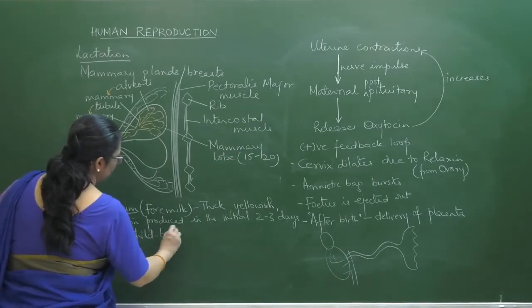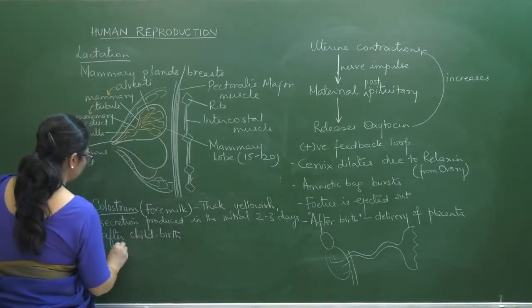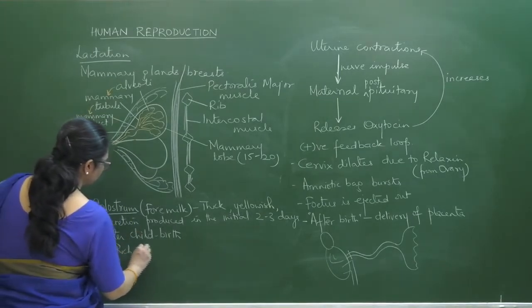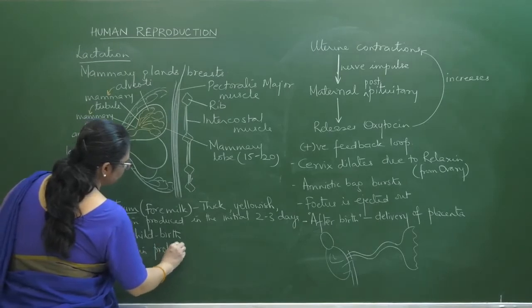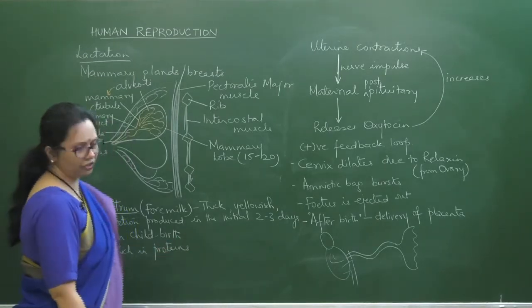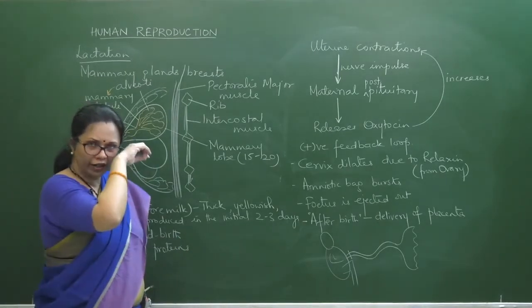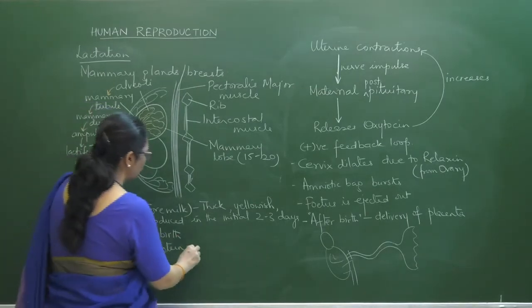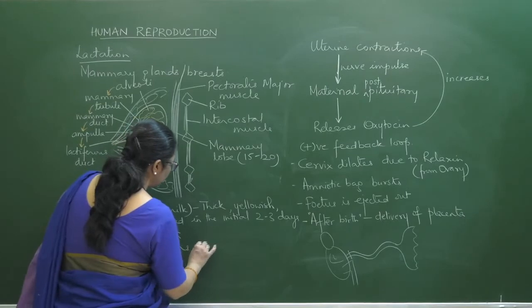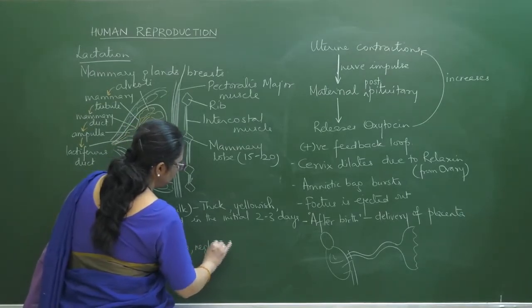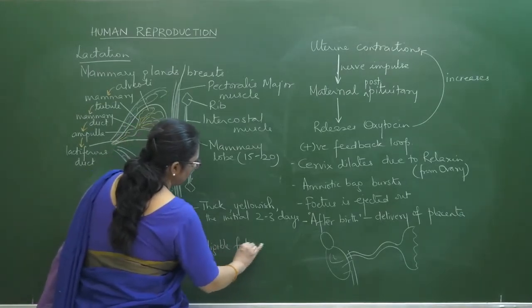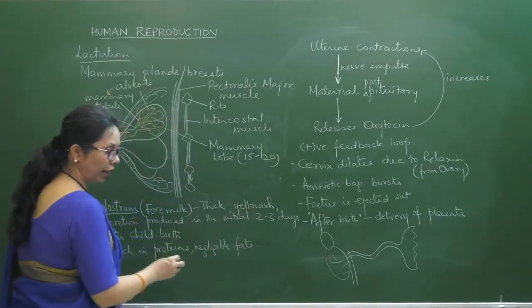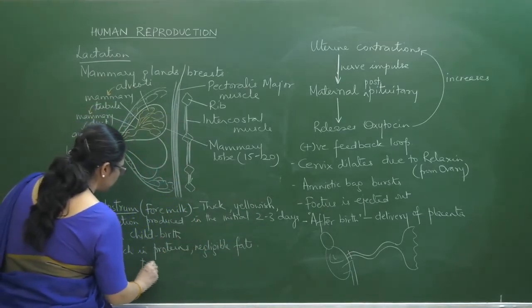Okay? And this is rich in proteins. Some books do write there are no fats, but that's not correct. Fats are negligible. So negligible fats, you can't say it's totally absent. And one particular antibody is there, that is IgA.